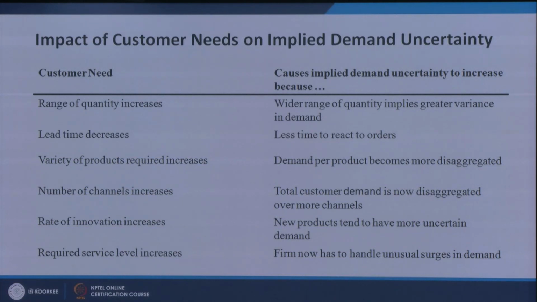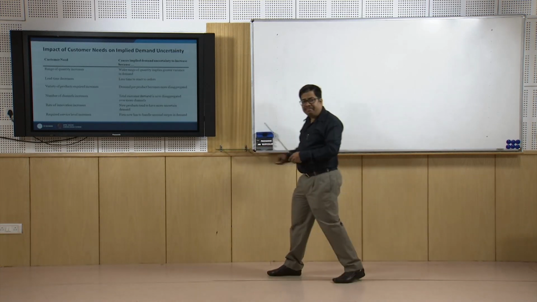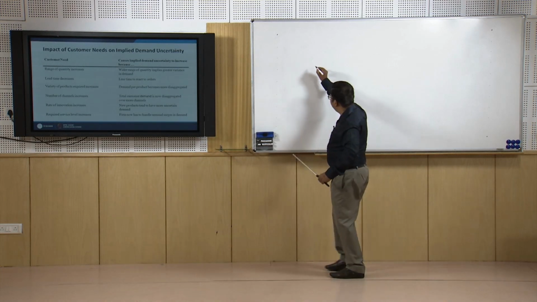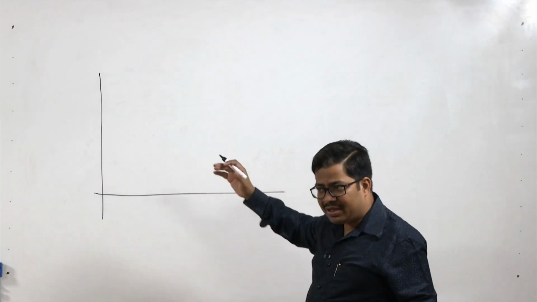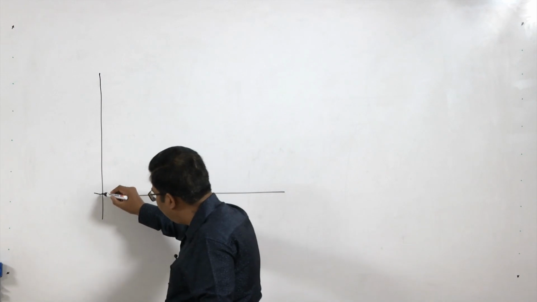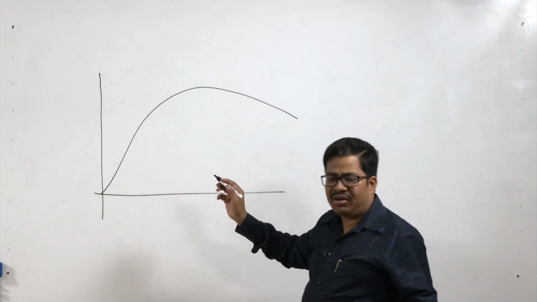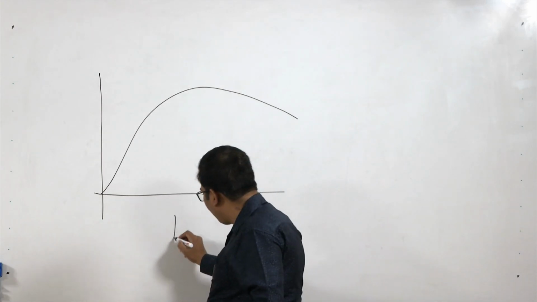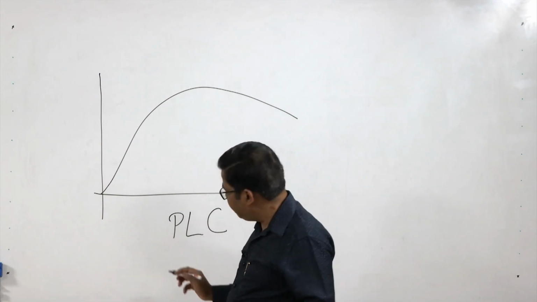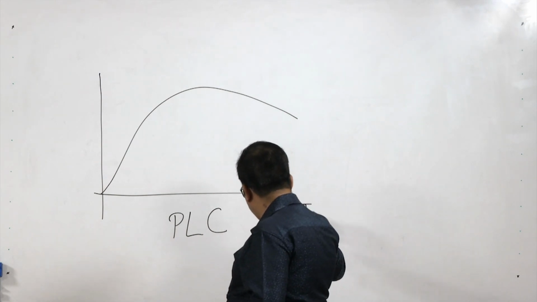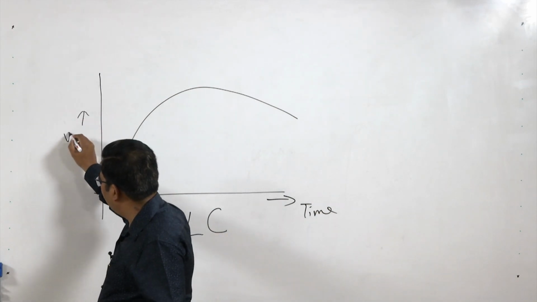When a product has a longer maturity cycle, this is not a marketing class, so I will not go into much detail, but you should know that this is a generic kind of product life cycle. We normally abbreviate it as PLC, product life cycle. On the x axis we have time and on the y axis we have volume.